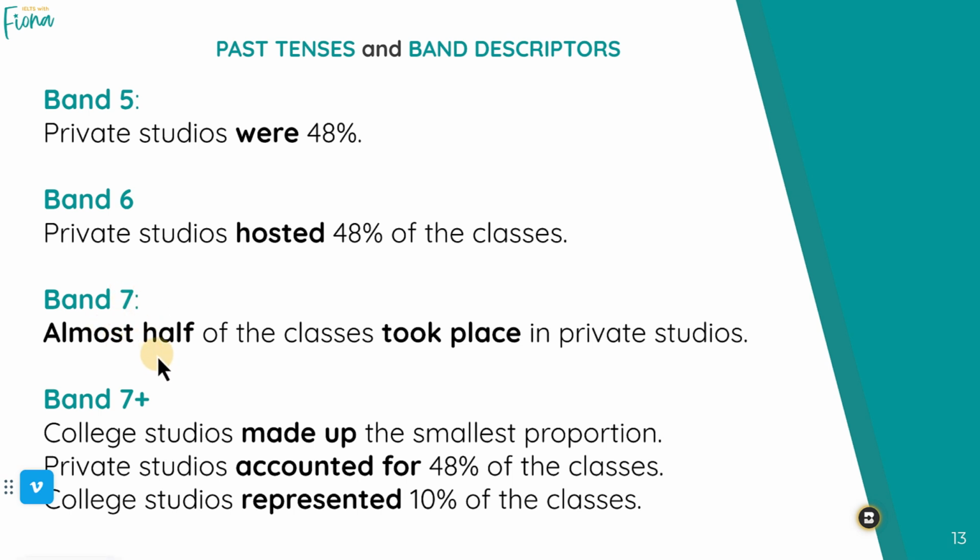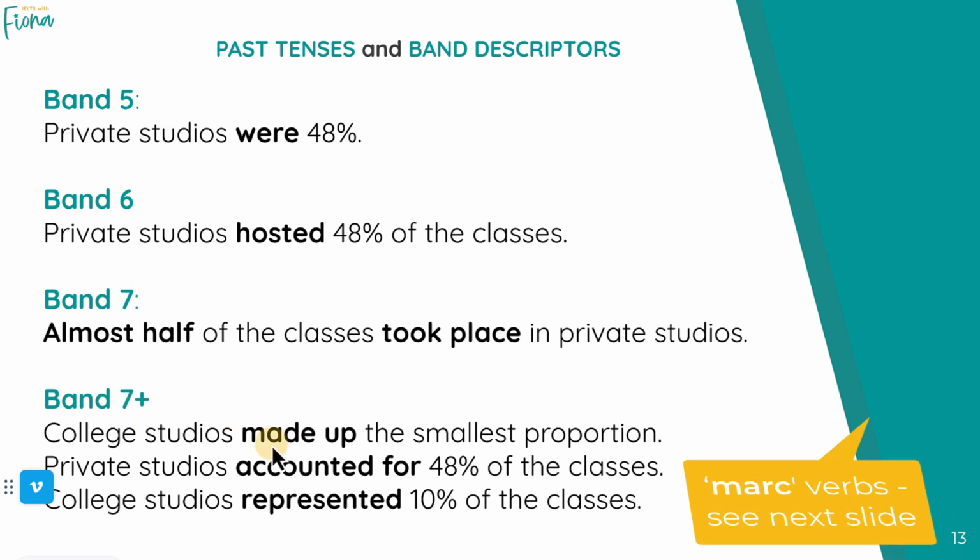Moving up one, perhaps instead of saying 48%, it's much better to use words if you can, because it shows that you can be approximate. Almost half, just under half of the classes took place. And then just going one step further, I recommend that you use these, I call them MARC verbs.